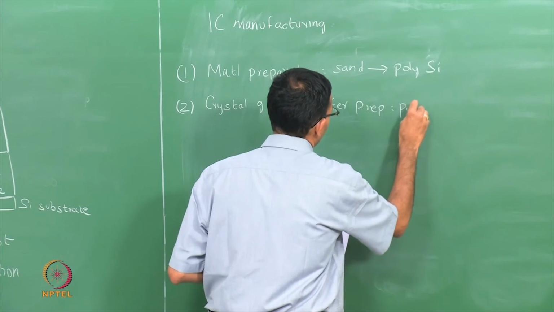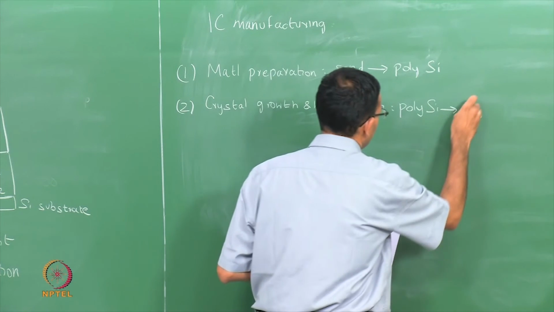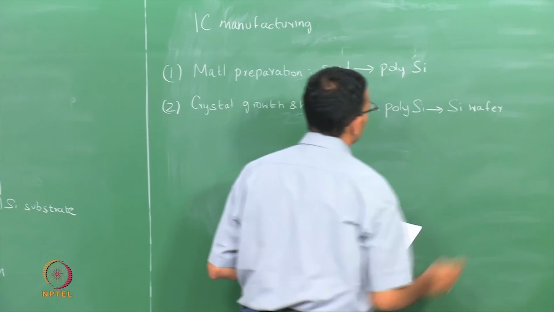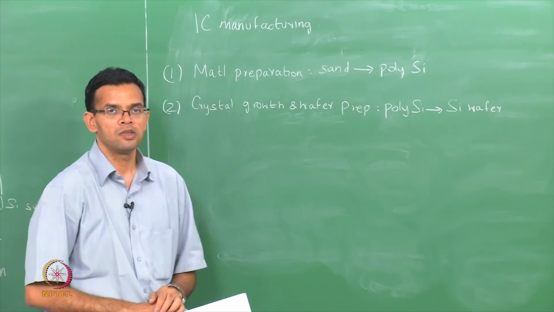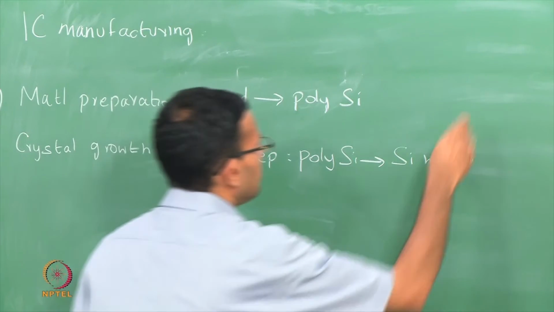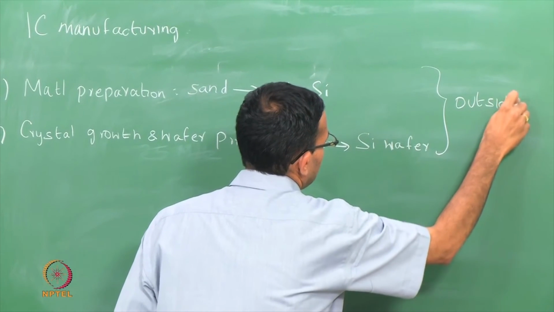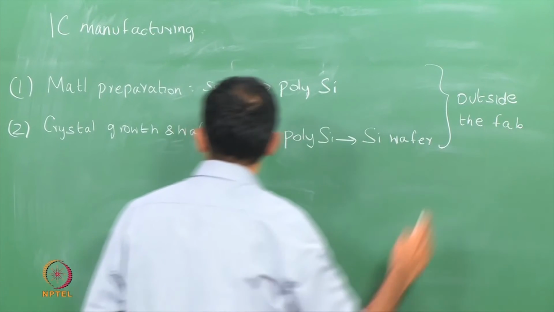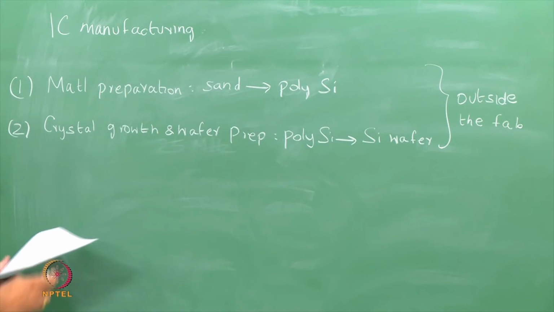So, you are converting the polysilicon into your silicon wafer. So, these two processes take place outside the fab, so that they act as the input to whatever IC fabrication happens in the fab. So, the input to your fab is a bare silicon wafer.